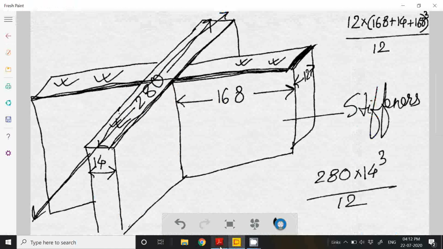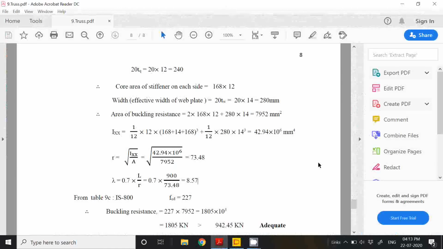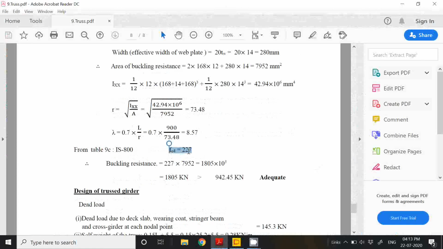So ultimately Ixx we have got, then radius of gyration, then slenderness ratio. Then from the slenderness ratio we get the FCD using IS 800.